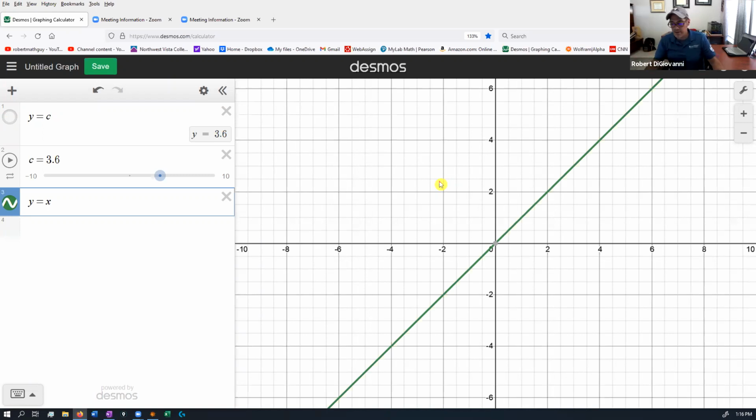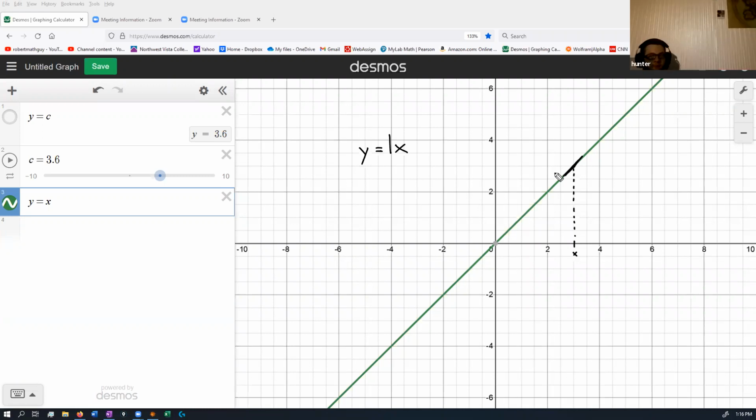If you go to any point x and go up to your graph, the slope of the tangent line will be parallel to the line itself. The slope of the line y equals x is the number in front of the x, which in this case is 1. So the derivative should be 1 all the time. That clear? Visually, make sense? Any questions?